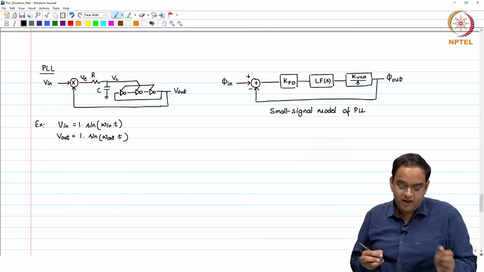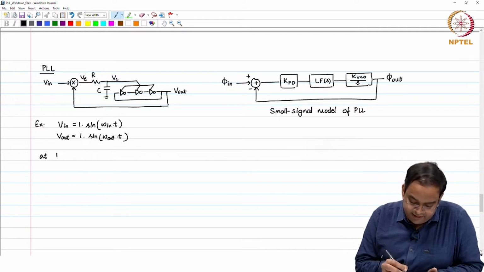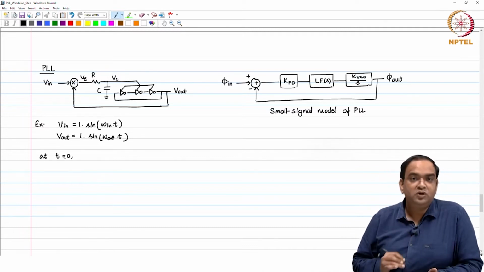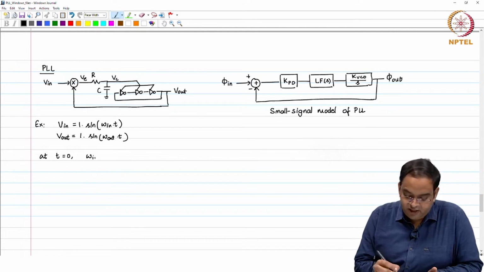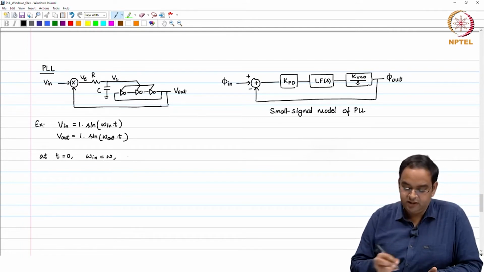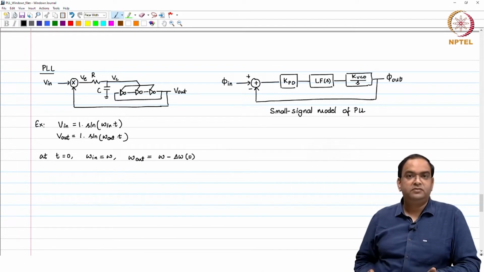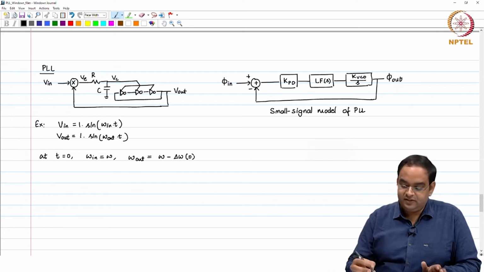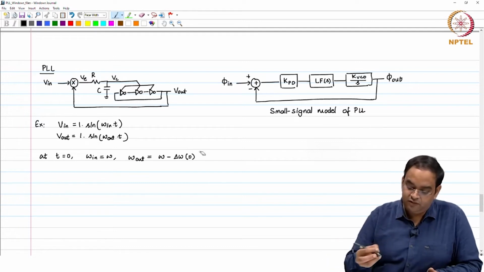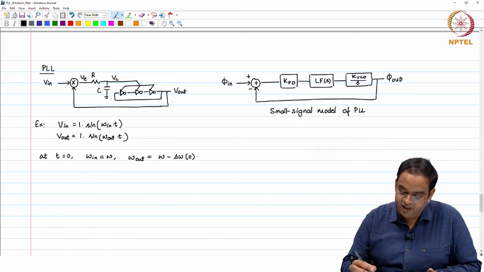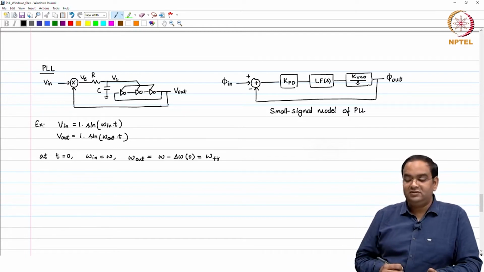Now, at time t equal to 0, I have omega in as omega and omega out as omega minus delta omega times 0. This is the frequency of the oscillator at time t equal to 0. You can also call this the free running frequency of the oscillator.